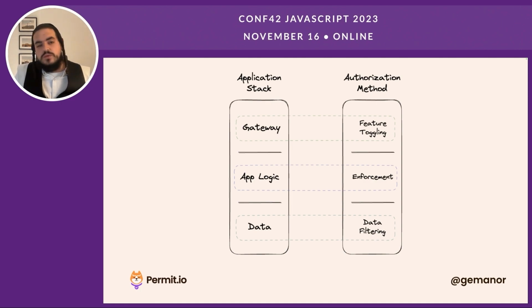We want to do the logic of the decision in a different service, and in the application itself, only enforce the permission. We also sometimes need to do feature toggling in the UI or the gateway to make sure that users are not allowed to do or to see what they are not supposed to see. And we also sometimes want to do data filtering on the data itself, so as not to return the user something that they are not supposed to get.